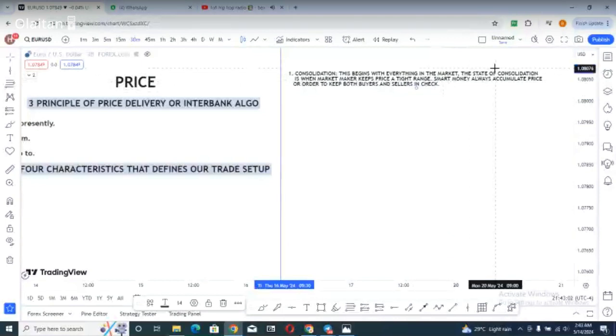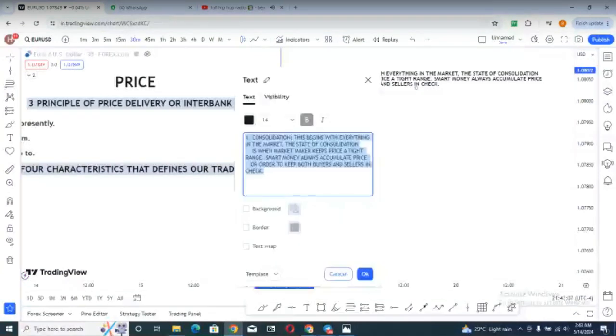And we know that smart money always accumulates price or orders to keep both buyers and sellers in check.